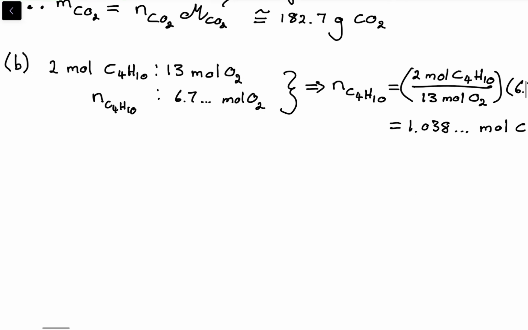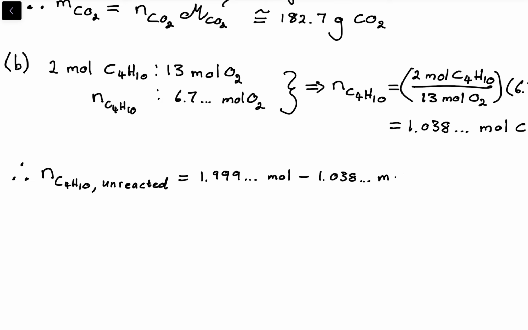Then we need to calculate, well, therefore, the number of moles of C4H10 unreacted is equal to the original amount, which is 1.999 mole minus this 1.038 mole.